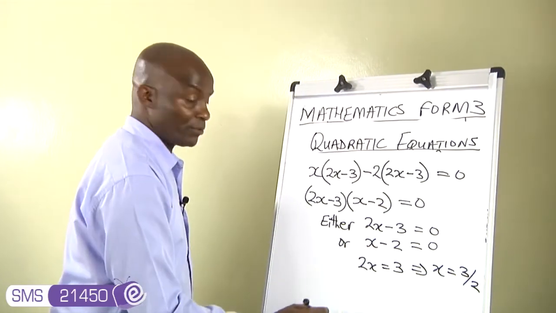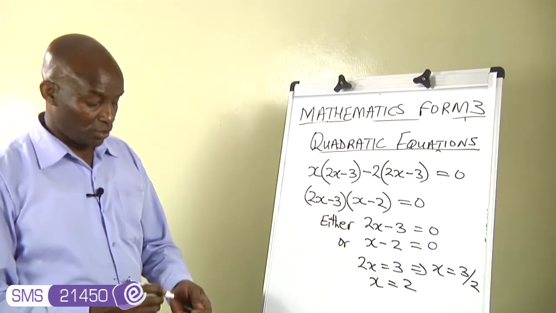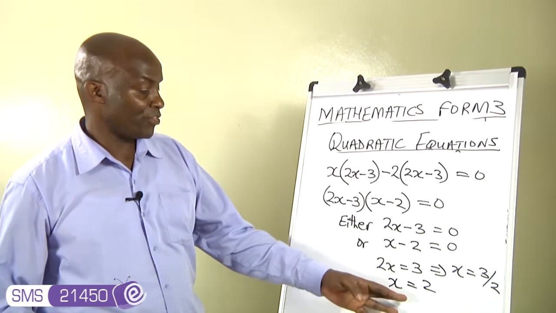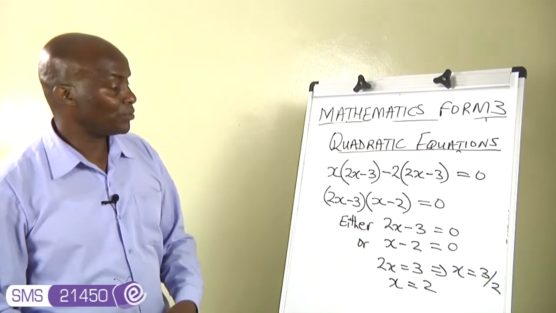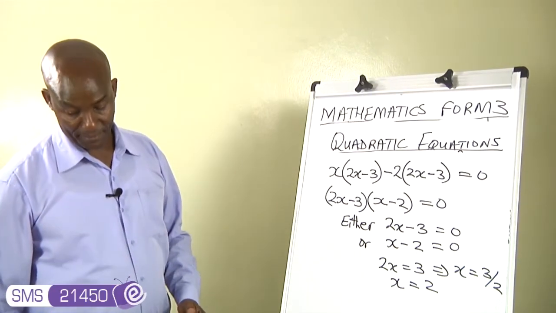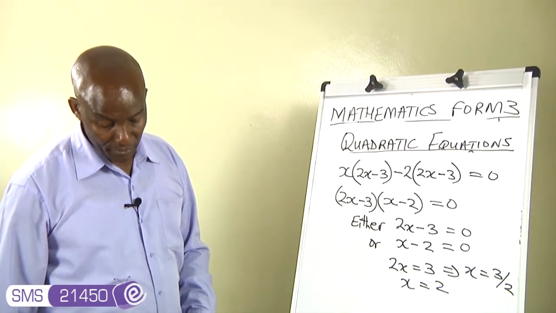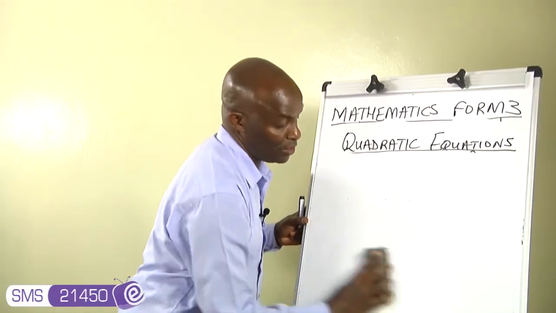And from the second equation, we have x is equal to 2. So the solutions to the quadratic equation given by factor method are x is equal to 2 and x is equal to 3 over 2 or 1.5. So that is the factor method.